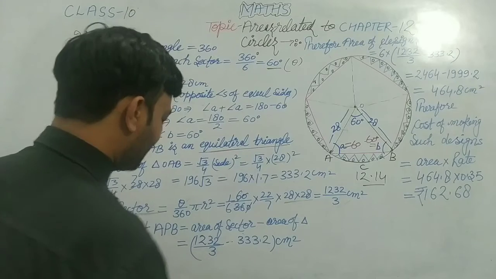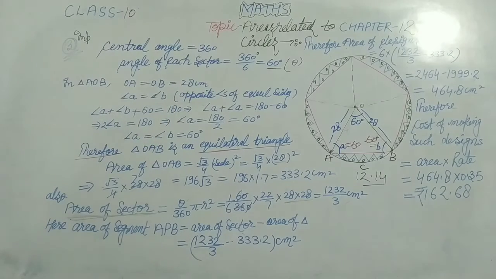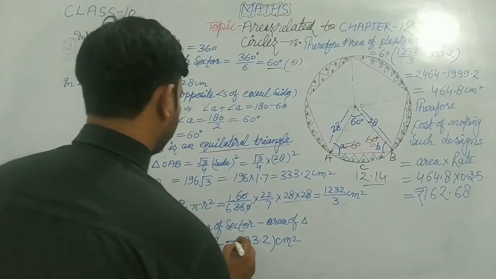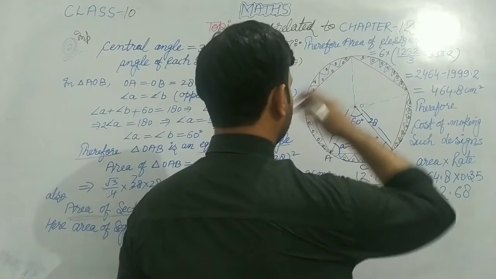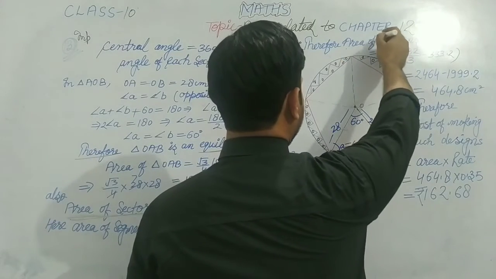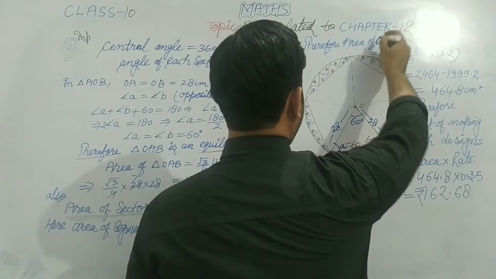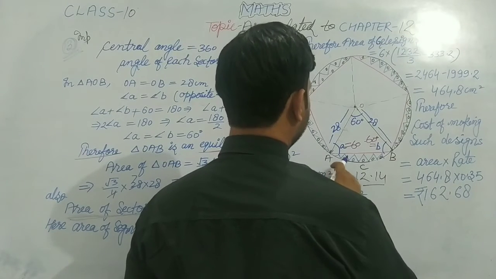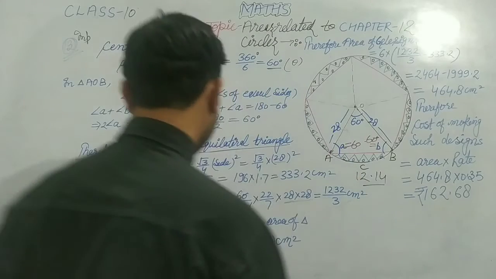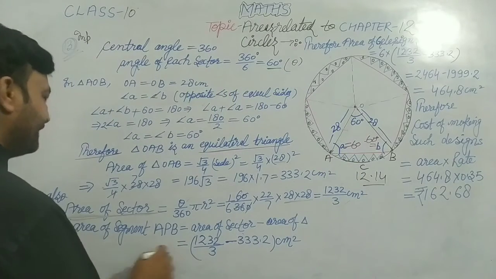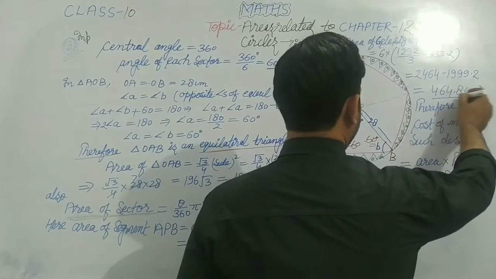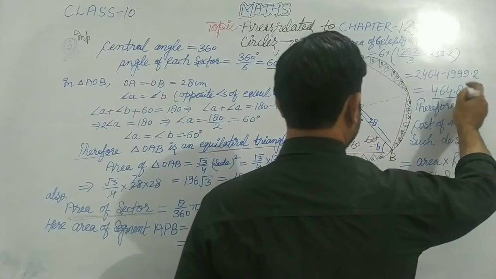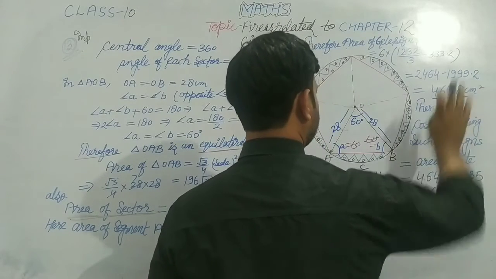Then we put the values and subtract. Therefore, we find the area of 6 designs by multiplying the area of 1 design by 6. After multiplying, we have the final answer: area of 6 designs is 464.8 centimeter square.